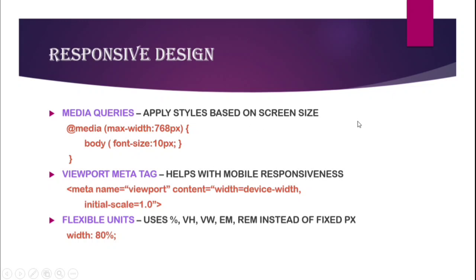So the entire screen width will be 100%, and I only want to take 80%. This is nothing but a flexible unit. It will help, because when you change to the mobile screen, you don't have to change any values, right? We are just telling we want to use 80% of the screen size that is available. So we will take the mobile screen size, and 80% of it will be provided to that particular unit.